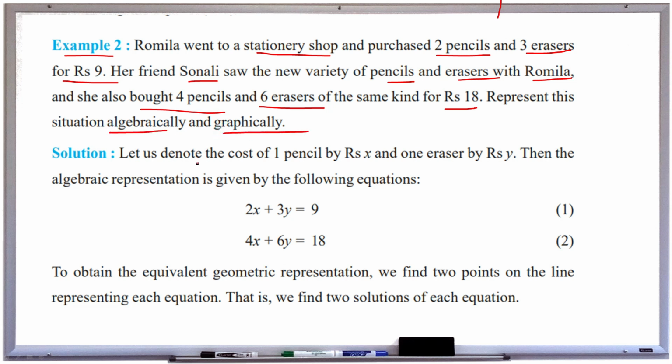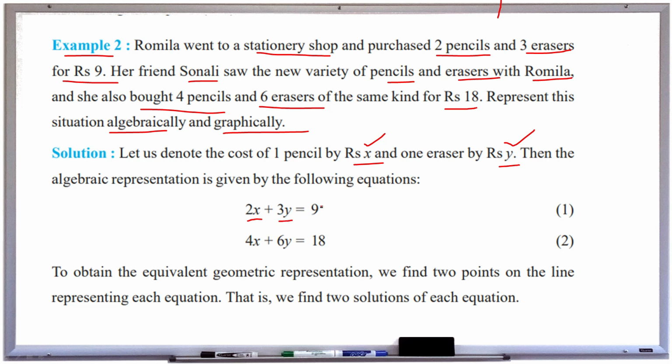First let us consider the situation in algebraic representation. Let us denote the cost of one pencil as x and the cost of one eraser as y. Then the algebraic expression: how many pencils did Romila purchase? Romila purchased 2 pencils, so 2x plus 3 erasers.